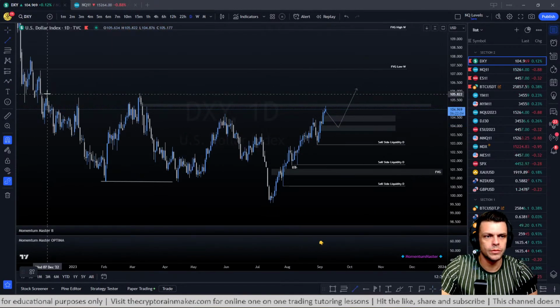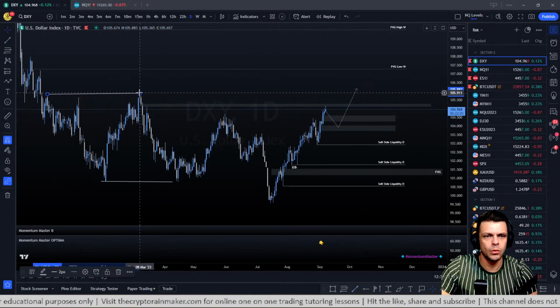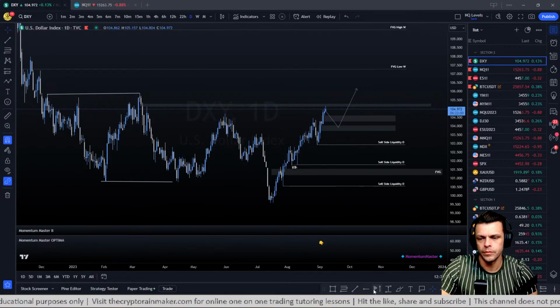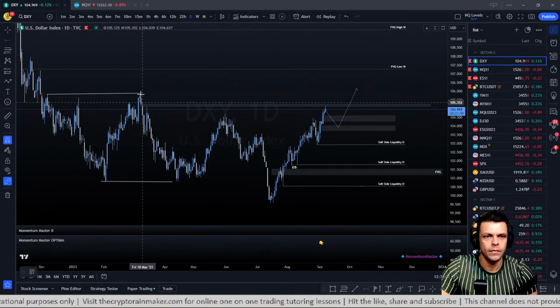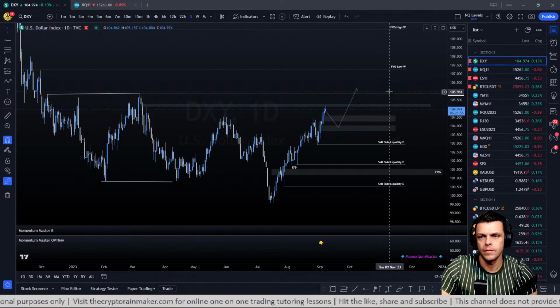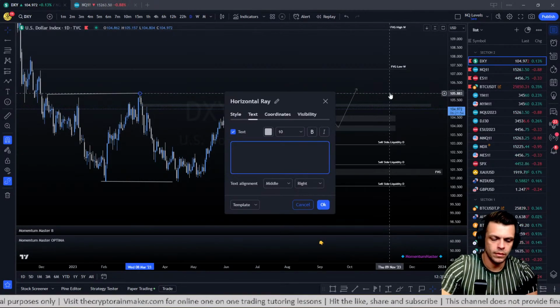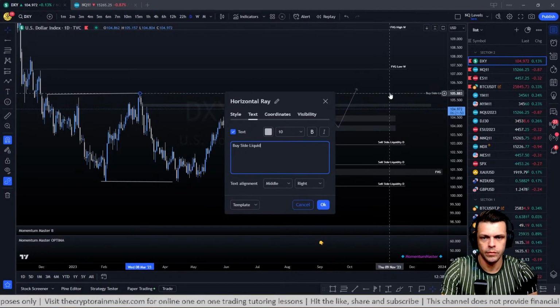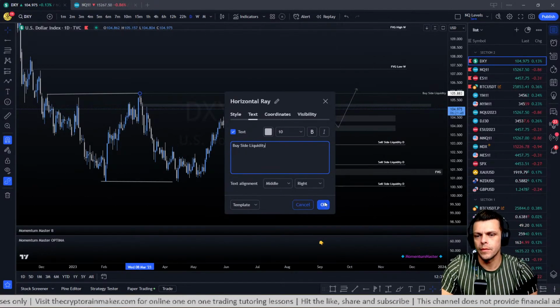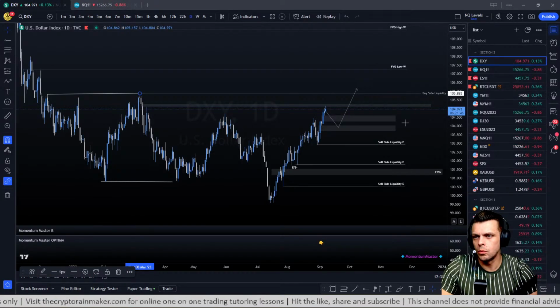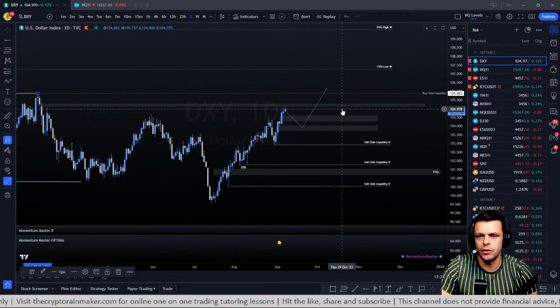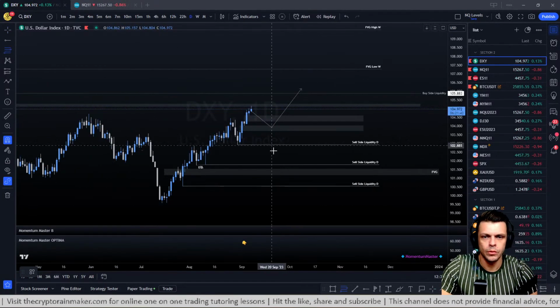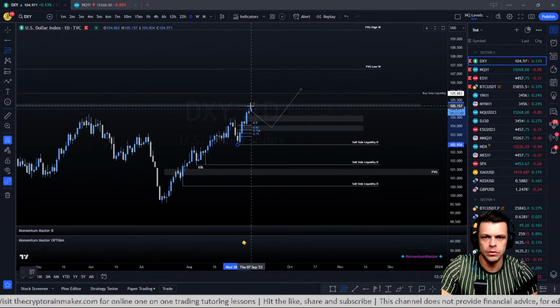We also have these equal highs right here. So that's our buy side liquidity, and this is at 105.883. So we can pull a Fibonacci on this impulse.